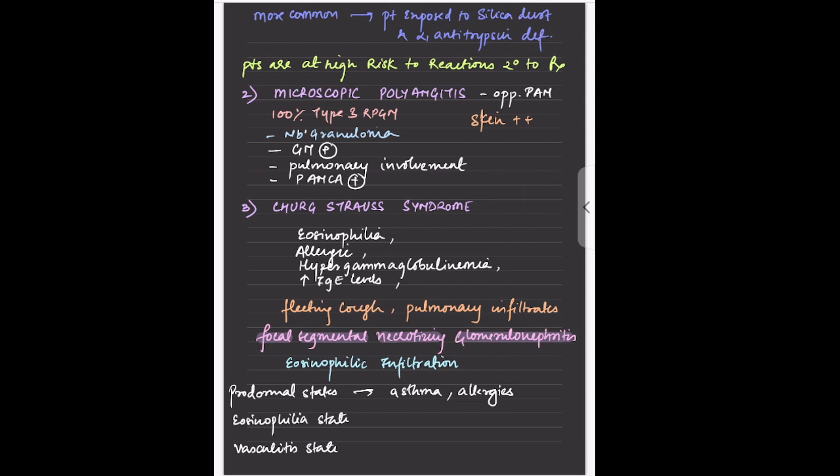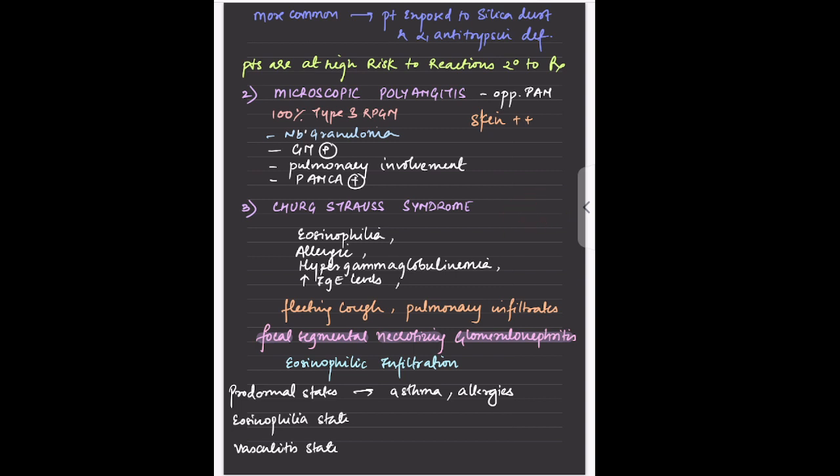There is eosinophilia, of course, this is an allergic condition, there is an increase in IgE levels. But did you know there is also focal segmental necrotizing glomerulonephritis, so it can be confused with Wegener's. In presentation, we have allergic rhinitis or allergic cough, and even Wegener's has that. So the only distinguishing features will be IgE levels and eosinophilia.